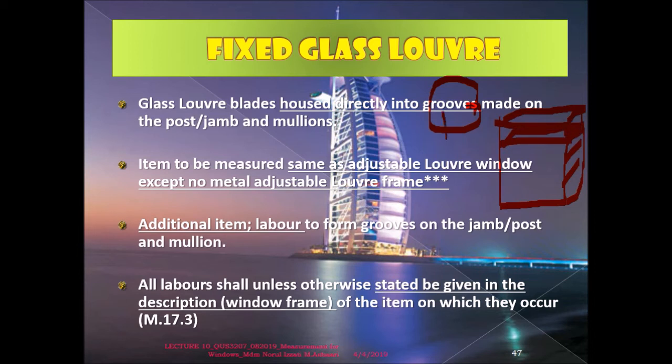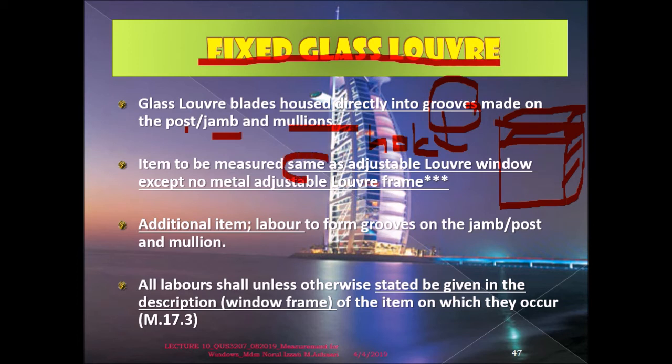Or in a simple way, we can say groove is the hole made in the post of the jamb and the mullion. Okay, so for fixed glass louvered, we have to measure the same as the adjustable louvered window, except no metal adjustable louvered frame is applicable because everything is fixed.